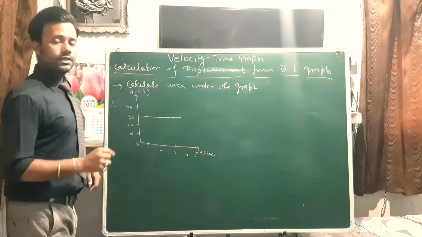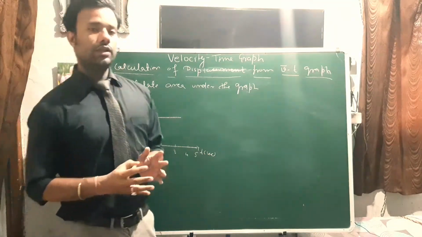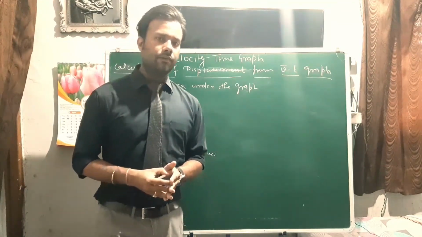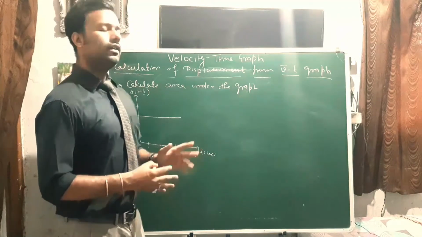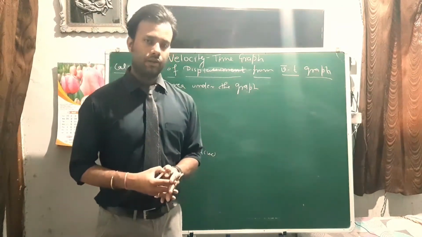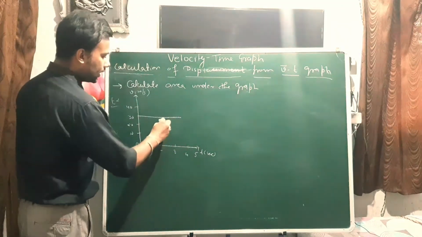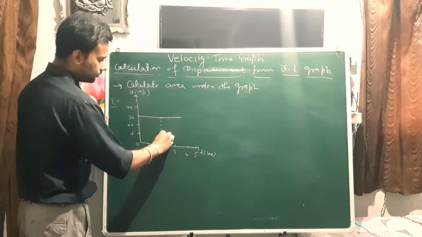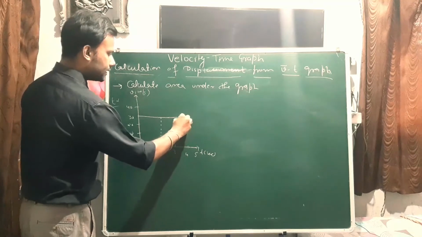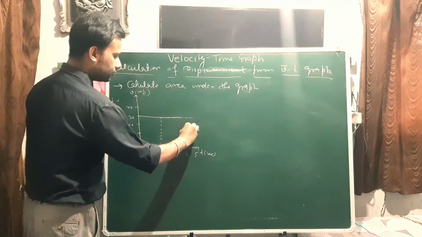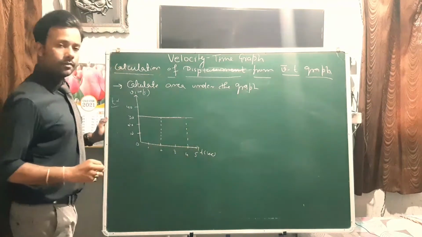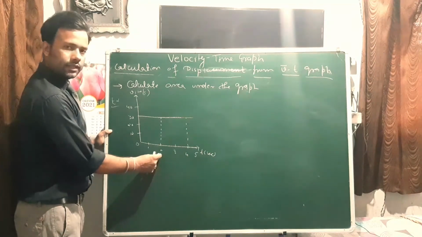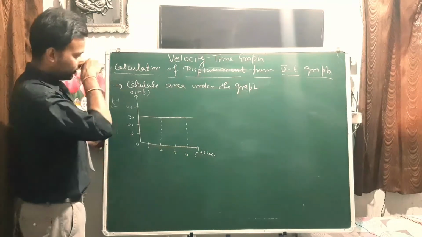Time is in seconds. And let's say the question says find the displacement covered by the body between the second and the fourth second. So we have to calculate the displacement covered by the body from the second to the fourth second.